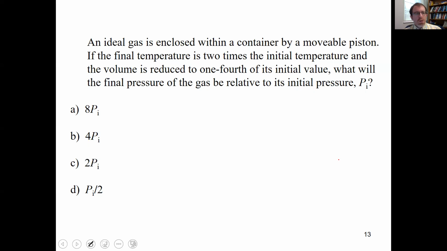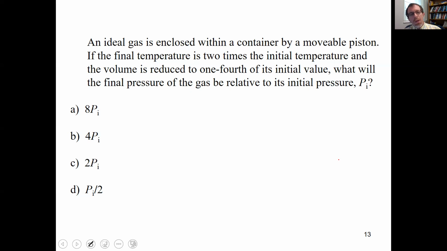We're told the final temperature of the gas is 2 times the initial temperature, and the volume is reduced to 1/4 of its initial value. Given this information, what will the final pressure of the gas be relative to its initial pressure? Pause the video and try to answer the question.